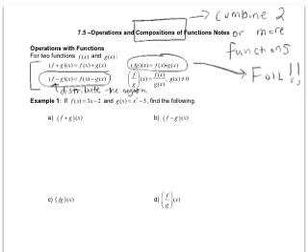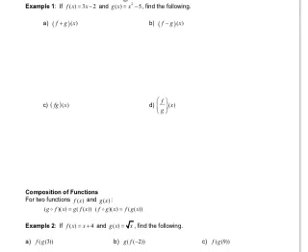Alright, so let's do a couple of examples. We have f of x is 3x minus 2, and g of x is x squared minus 5. We want to find the following, and when you find it, you are going to want to simplify as much as you can.